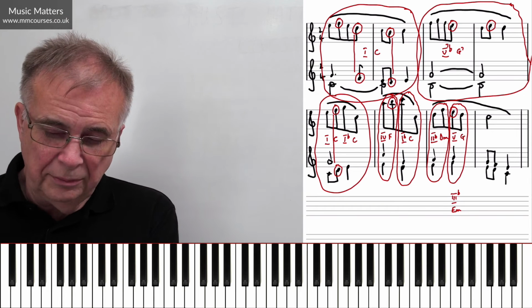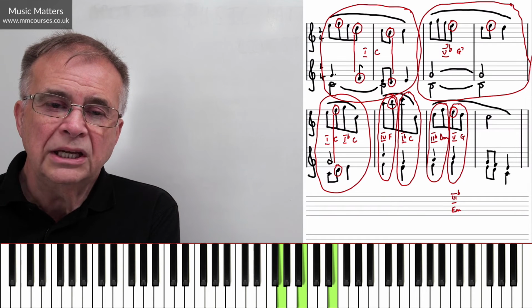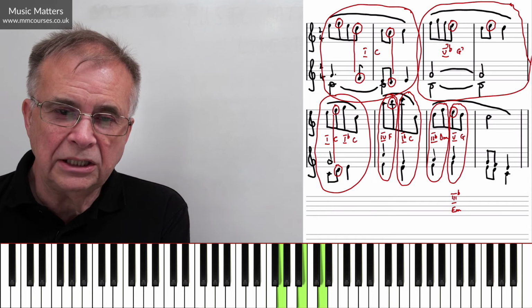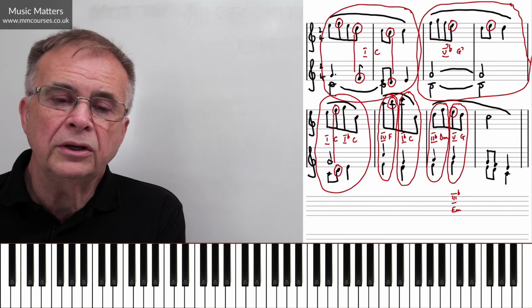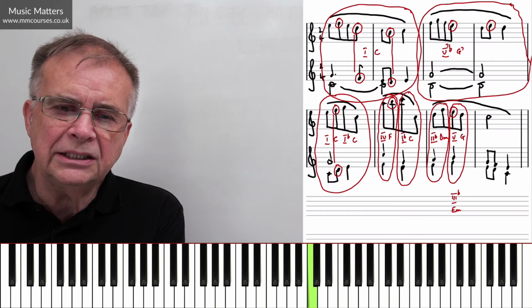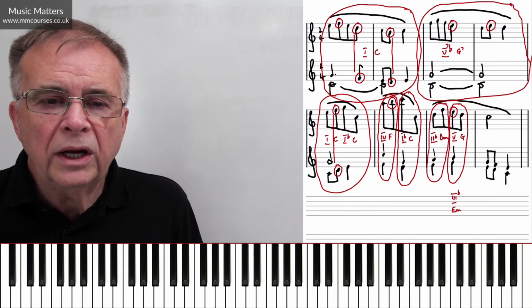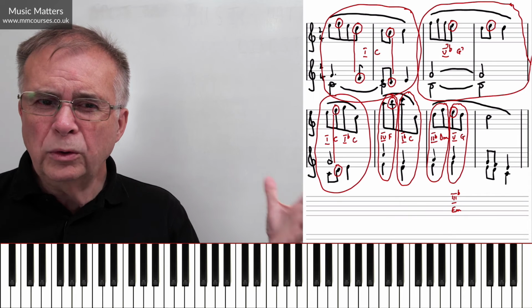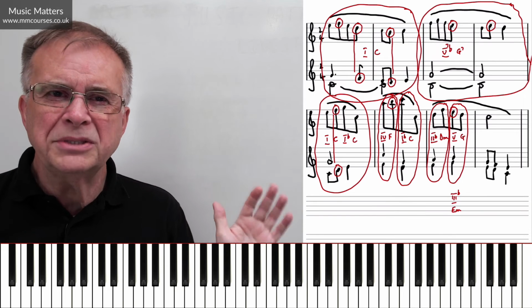Well, yes, it could. You could say that's an E minor chord, and then you could say the D that follows it is a passing note or a passing tone onto the C because it's going E, D, C. So why couldn't it be that? Technically, it could be. Also, technically, it perhaps isn't.